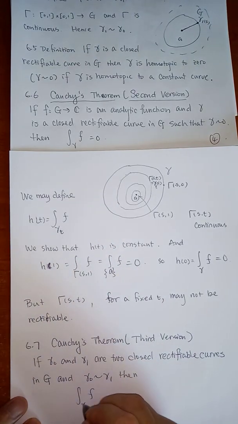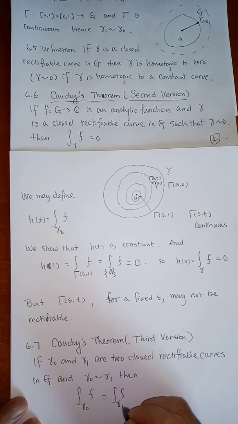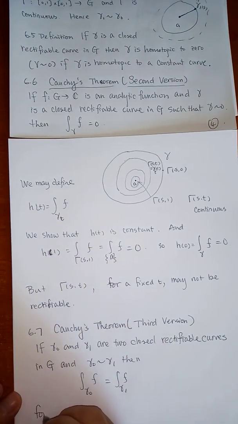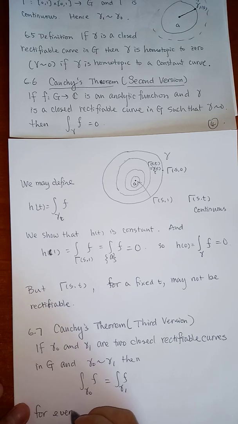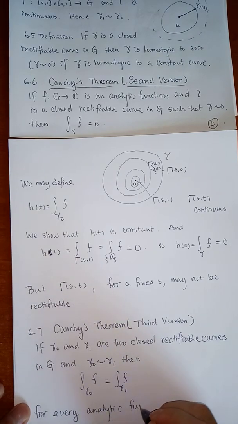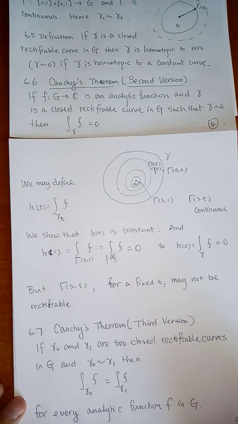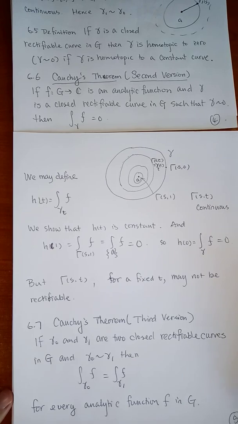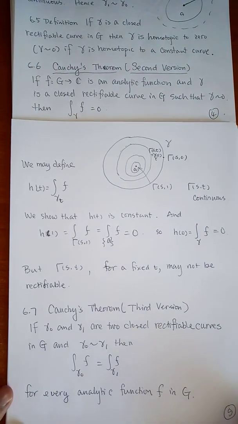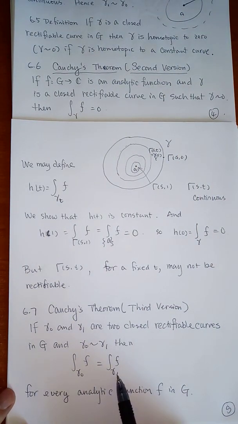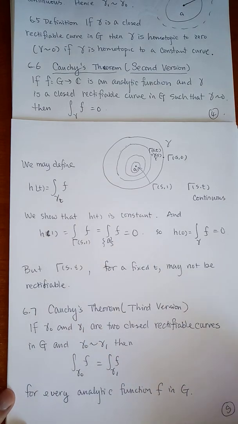the integral of f along gamma 0 is equal to the integral of f along gamma 1 for every analytic function f in G. Okay, so this is a more general version of the Cauchy theorem compared with the second version, because if gamma 1 is a constant curve, then this is still 0.